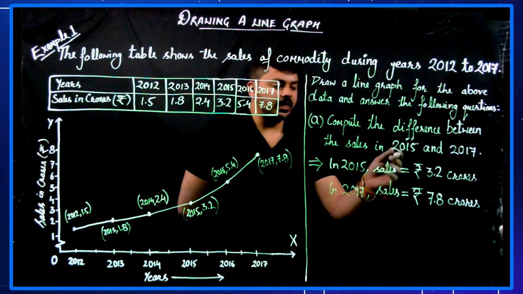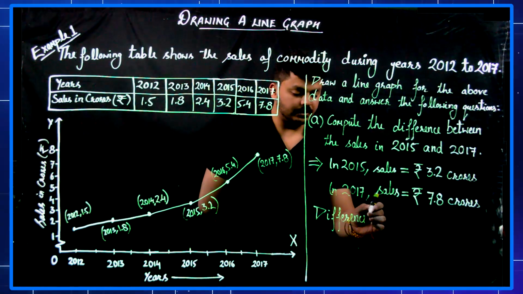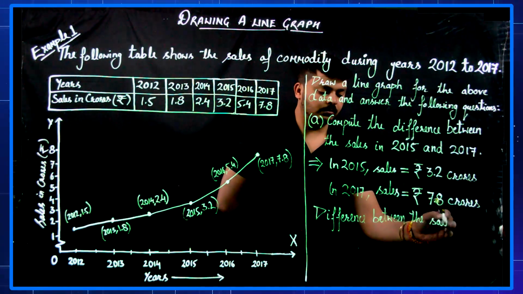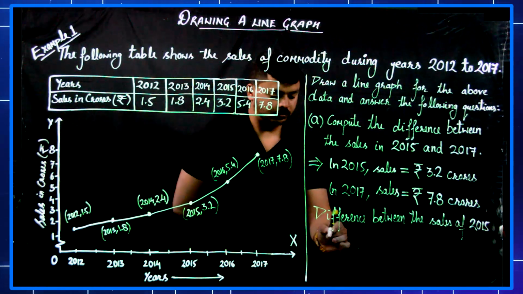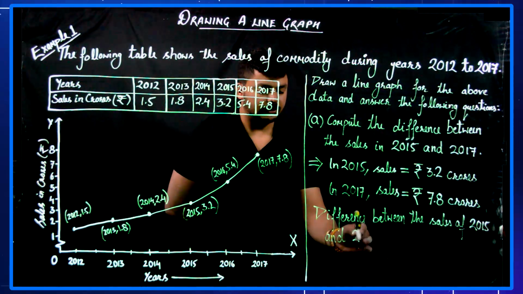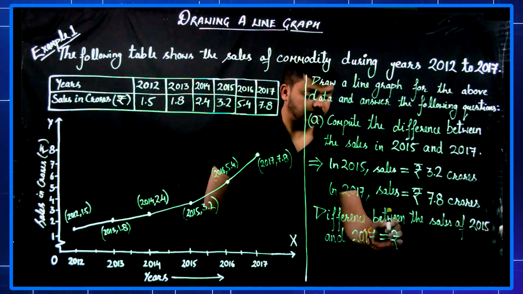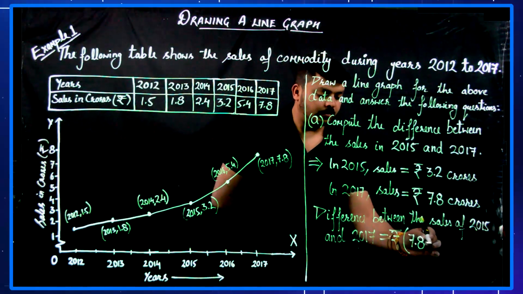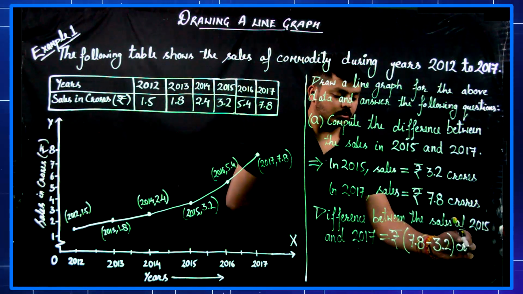So the difference between the sales of 2015 and 2017 equals rupee 7.8 minus 3.2 crores.